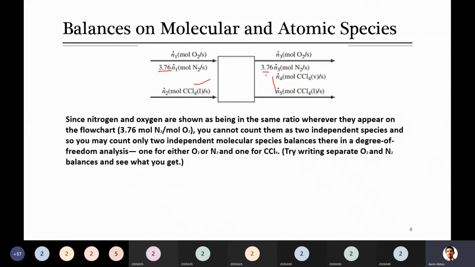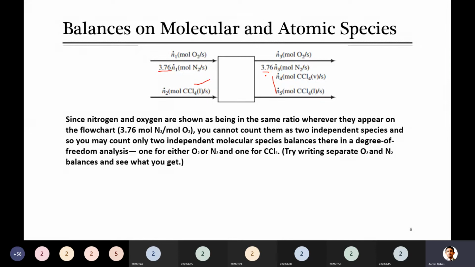For example, for oxygen, if I write, because for elements, input is equal to output directly. Do you agree? You just studied in the last slide that for elements, we will write the balance on O, N, C, and chlorine, Cl. So for oxygen, input is equal to output, so what will be the value?